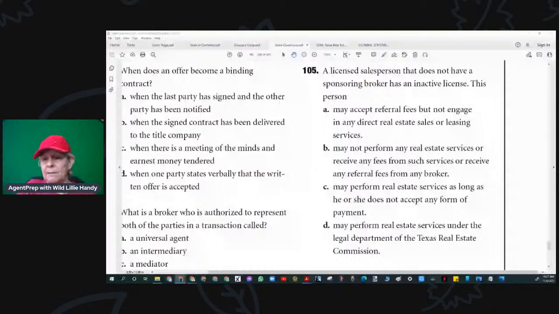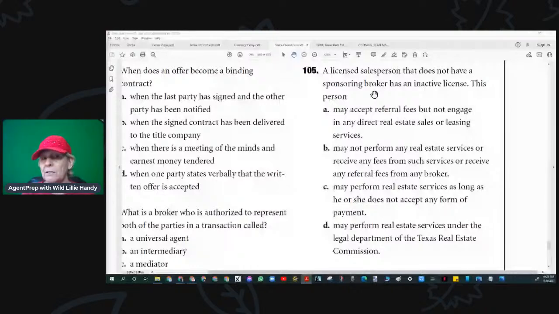Think about that some more, please. Reread the question. A licensed salesperson that does not have a sponsoring broker has an inactive license. So, I'm sorry, not the sponsoring broker is inactive. Excuse me. That's why it's important to reread the question. So the licensed person, like yourself, once you pass your exam, you're going to be in inactive status.